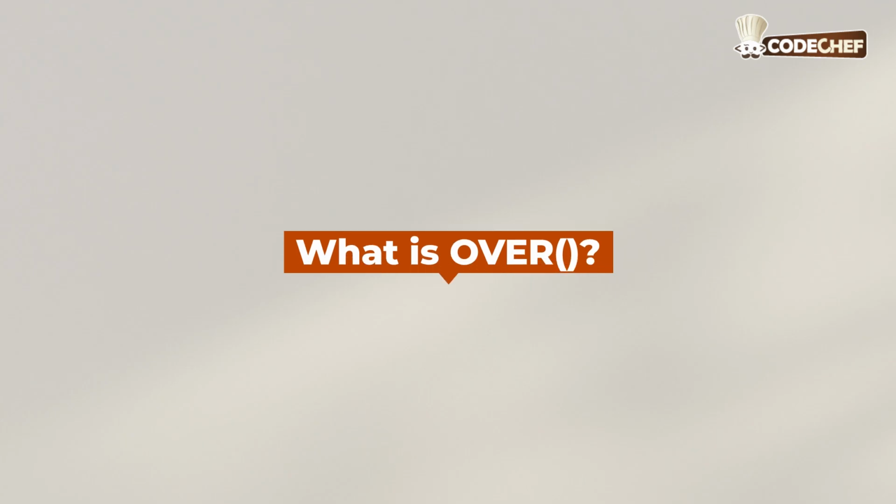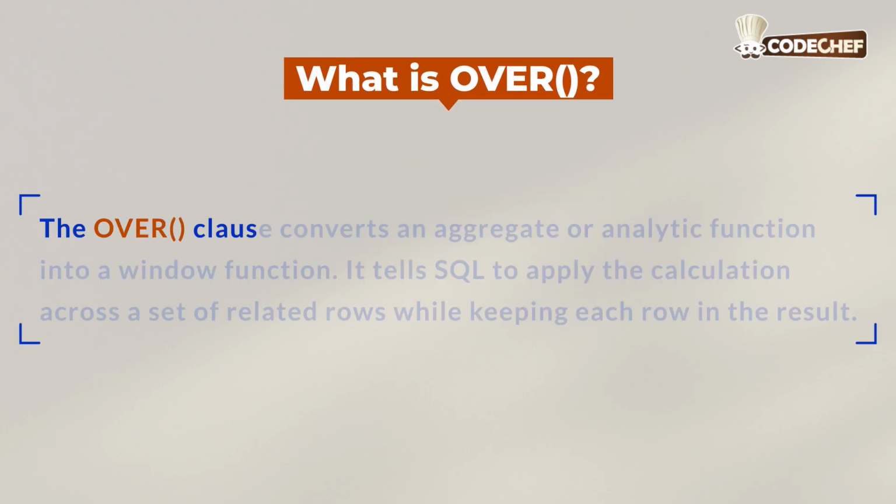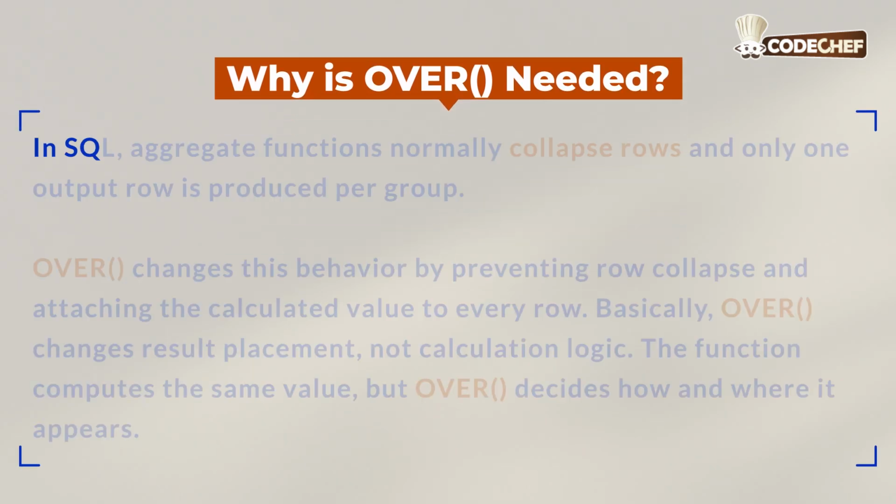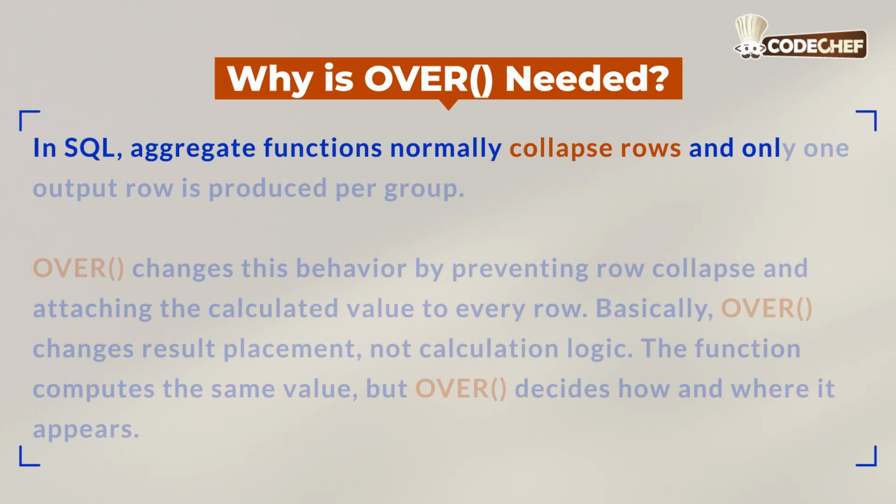What is the OVER function? The OVER clause converts an aggregate or analytic function into a window function. It tells SQL to apply the calculation across a set of related rows while keeping each row in the result. Why is OVER needed? In SQL, aggregate functions normally collapse rows and only one output row is produced per group.